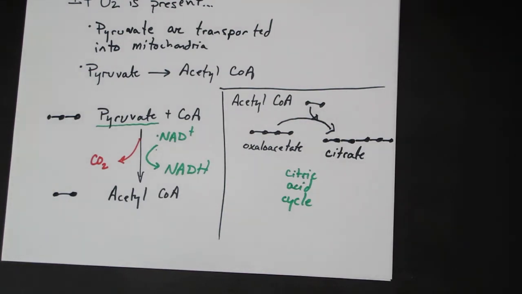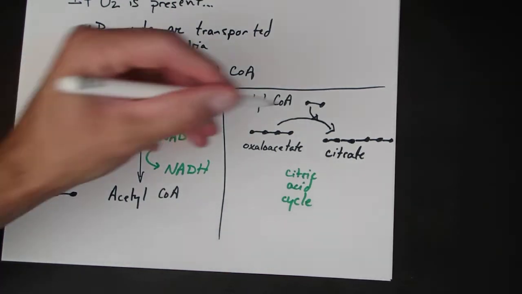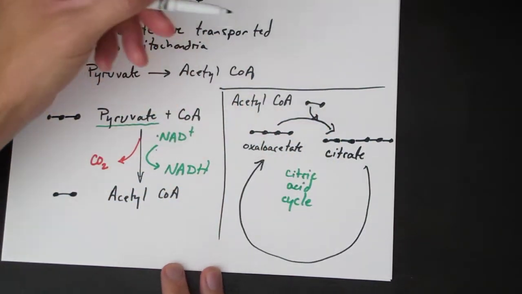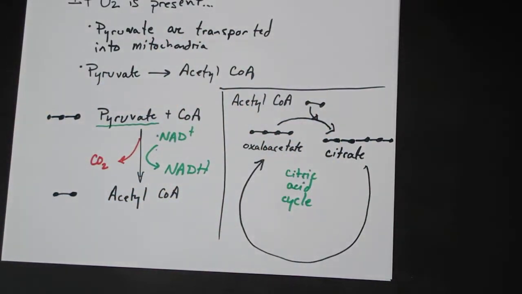Now, the citric acid cycle is a cycle, meaning that we're going to eventually return to oxaloacetate. And I'm not going to make you learn every intermediary of the citric acid cycle. When you take biochemistry or something like that, you are going to be asked to learn the names and the structures of all of the intermediaries.